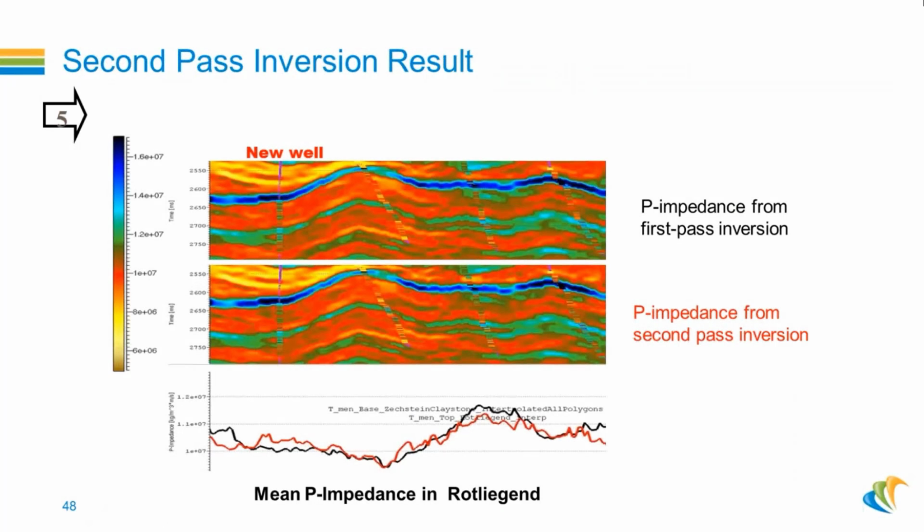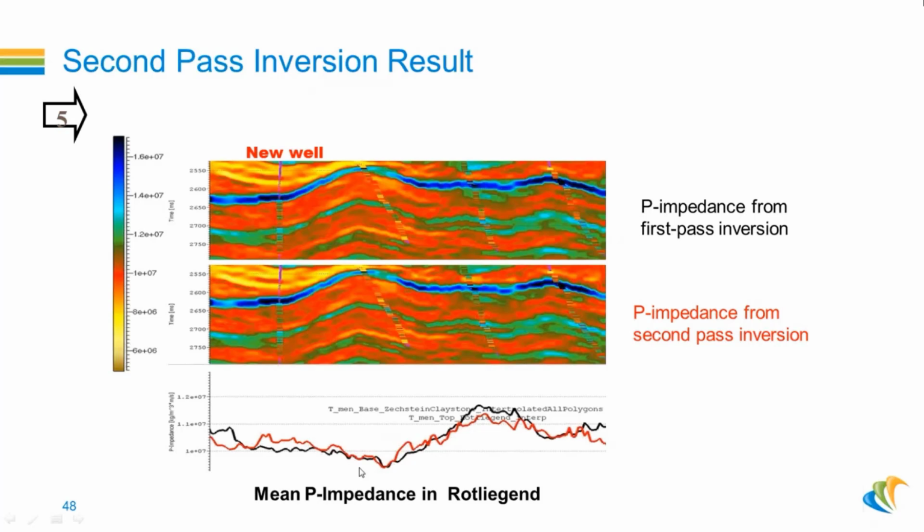With this newly updated model, we rerun the inversion, and now you see that by changing the Zechstein layer, we've changed the side lobes of the Zechstein, and they no longer influence the values within the reservoir section.